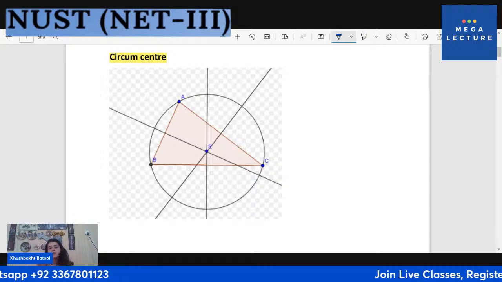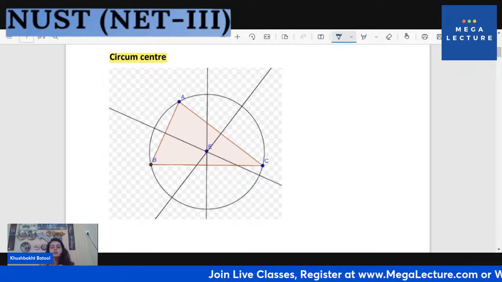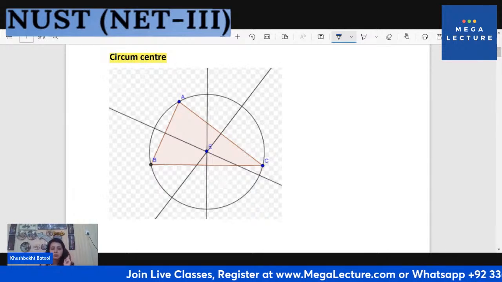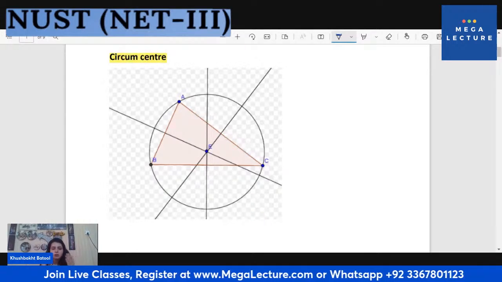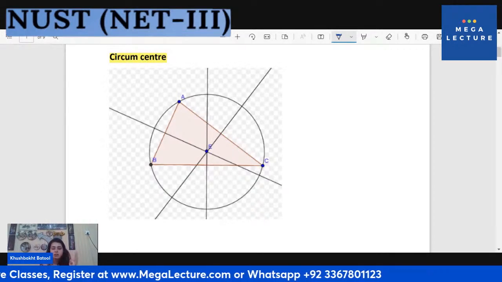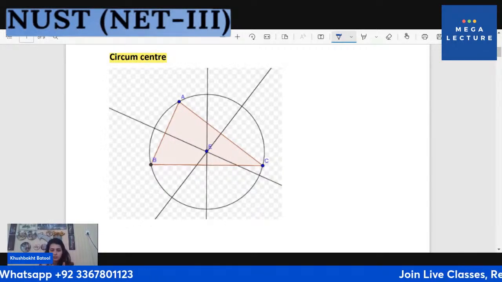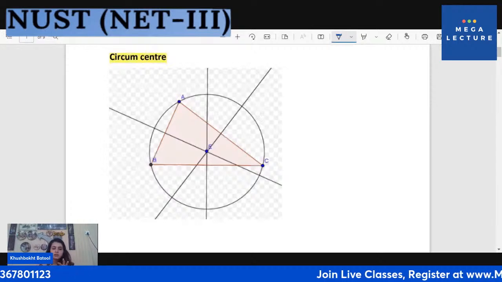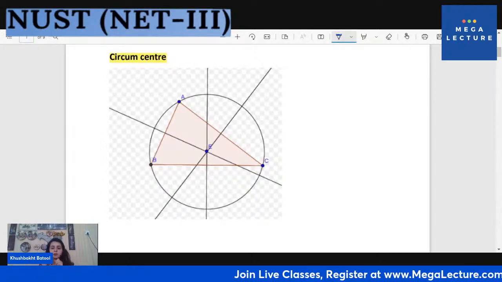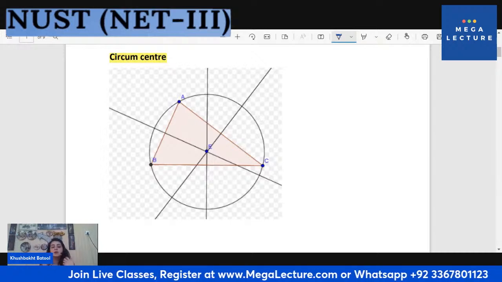Circumcircle was basically a circle that was being made on the three vertices of the triangle. So the pink or peach triangle is a triangle. It has three blue vertices, and your circle is being made on these three vertices, right? Okay, so this is your circumcircle. The center of this circle is called the circumcenter.